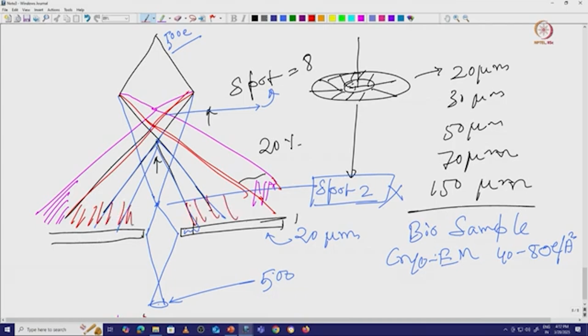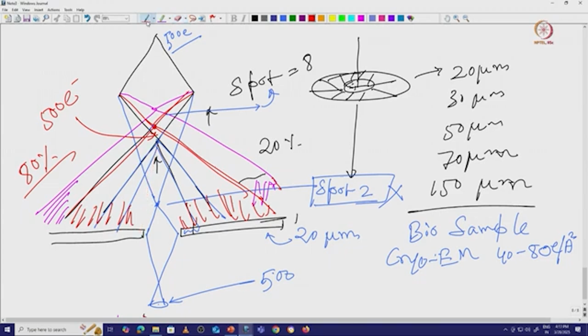So in this particular condition, you have 500 electrons, but due to this aperture almost 80% of electrons are blocked.